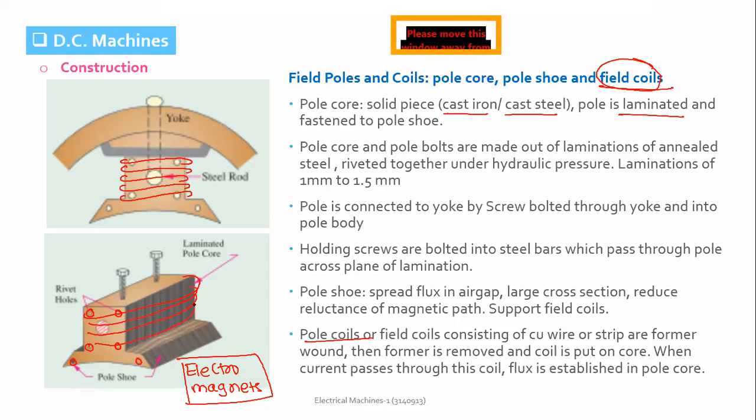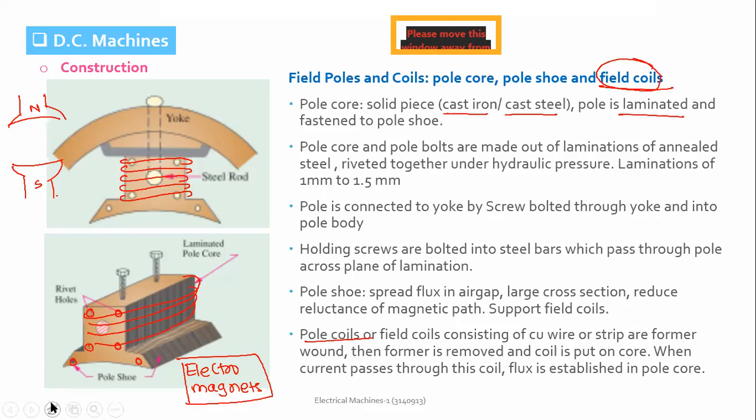Obviously there are even numbers of poles, maybe 2, 4, 6, 8, any number of poles. So the field winding is divided into parts. Just as an example, suppose we have a two pole machine, N pole and S pole.